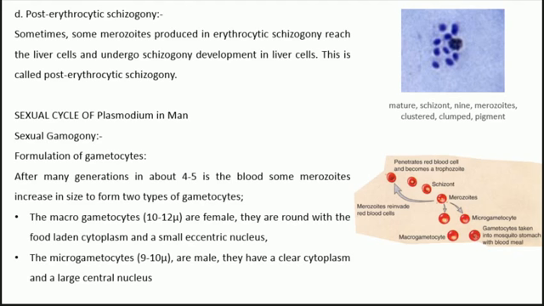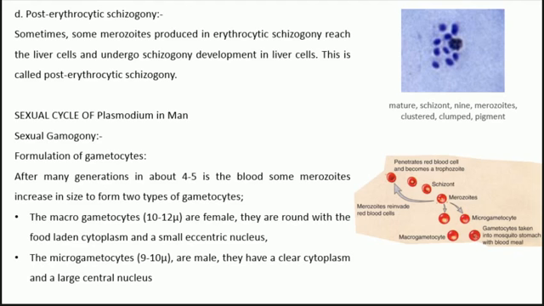This is called the sexual cycle of Plasmodium in the mosquito. Up to that, there is no sexual cycle. Within the human, all phases are asexual. Only one thing happens: gamete formation, in which male and female gametes are formed.